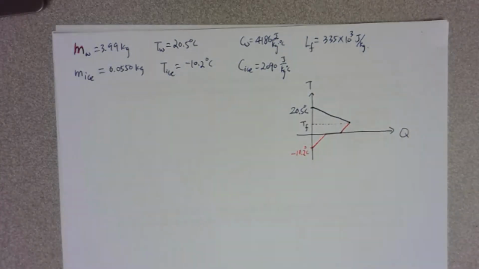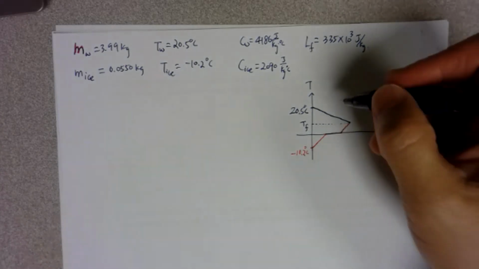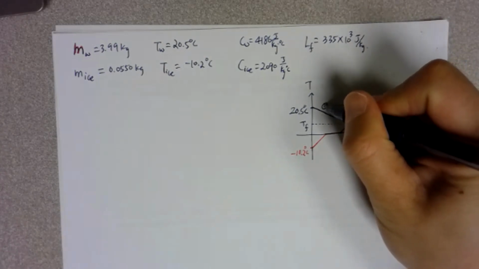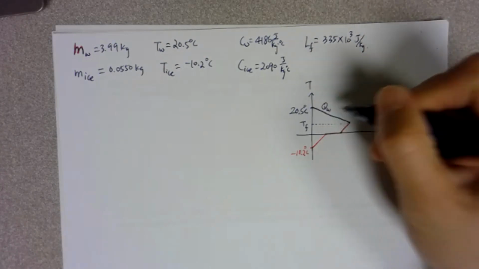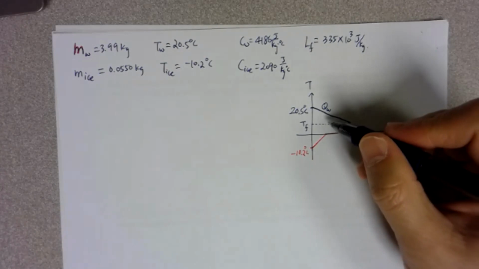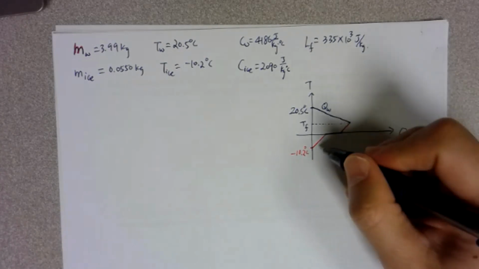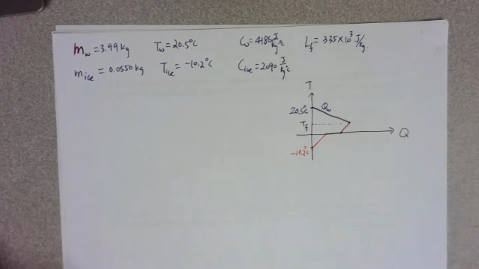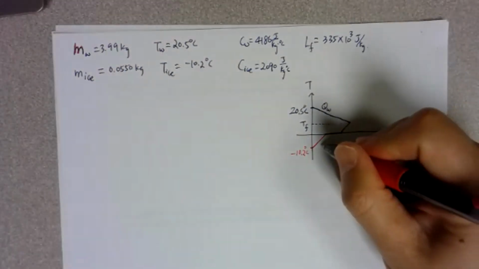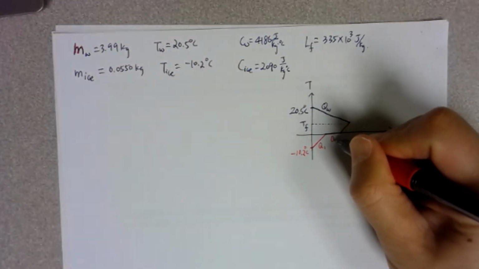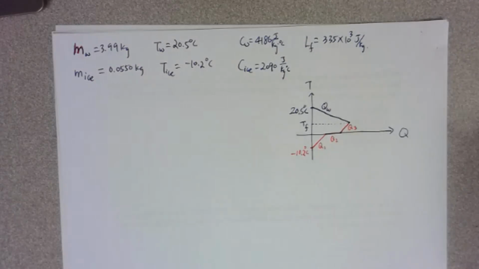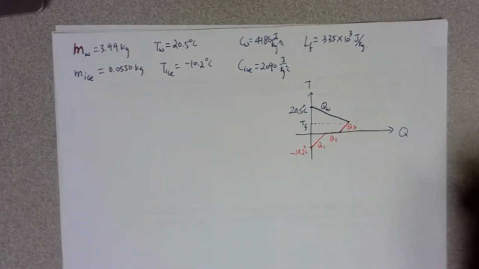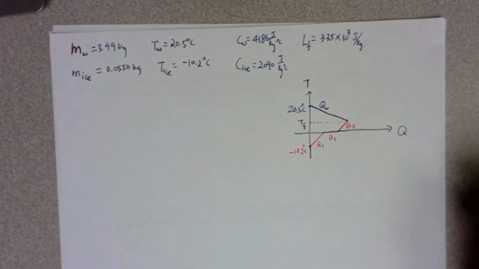So then we will look at the heat taken out from the ice, Q sub ice, and the heat by these three processes, I'm going to call them Q1, Q2, and Q3.